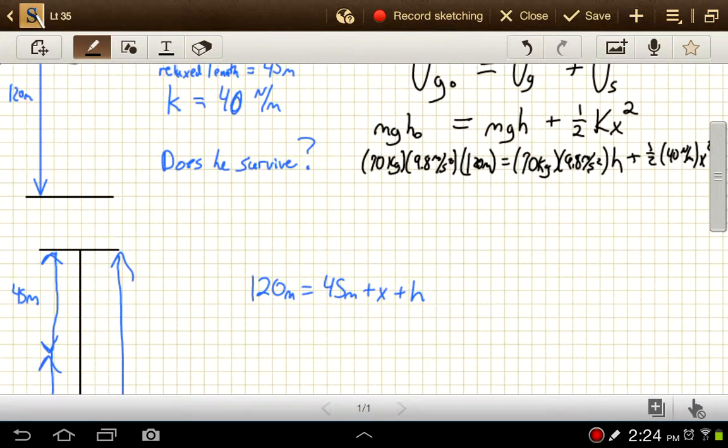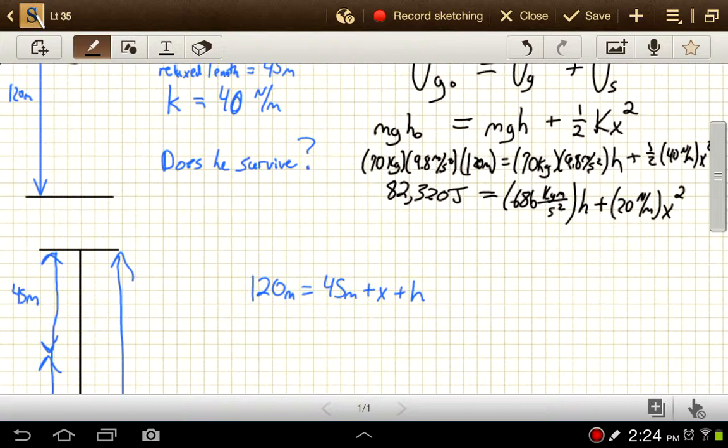You're going to have to wait for me to do the calculations on this. So on the left side I get 82,320 joules is equal to 70 times 9.8 is 686, and that'd be kilogram meters per second squared times h plus 20 newtons per meter times x squared.